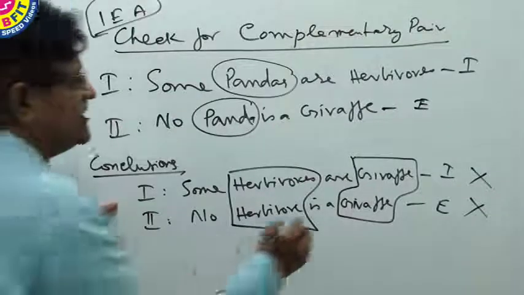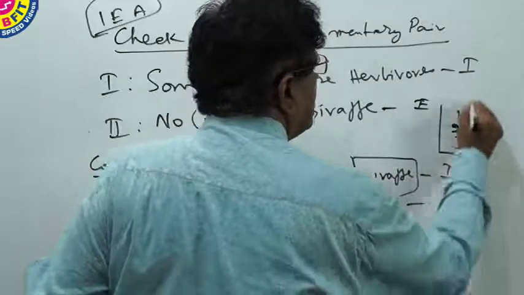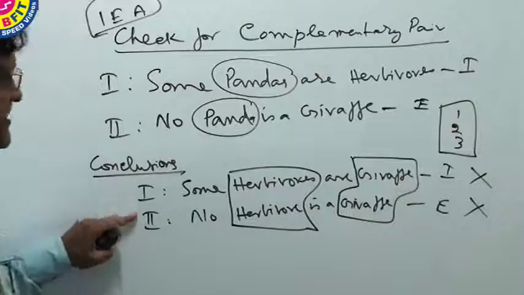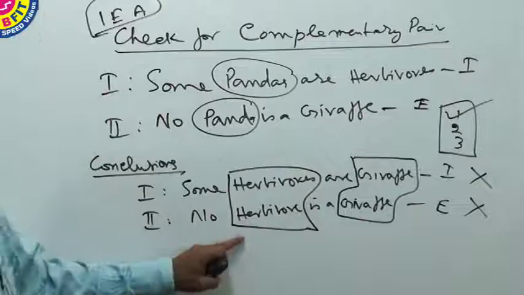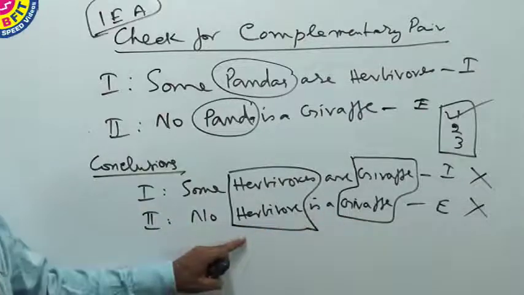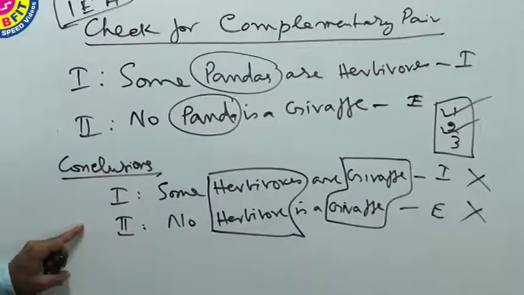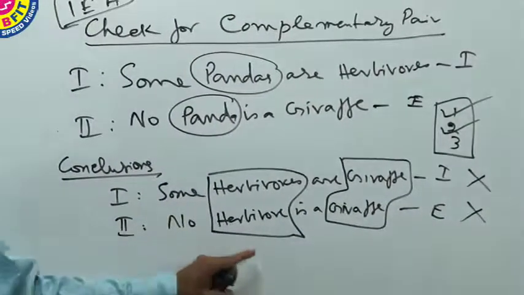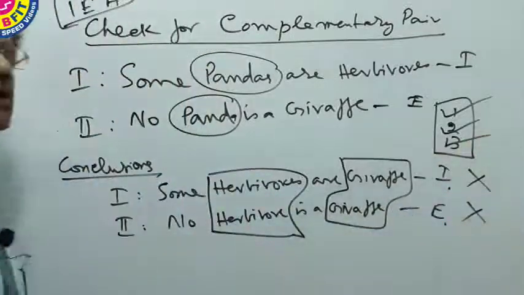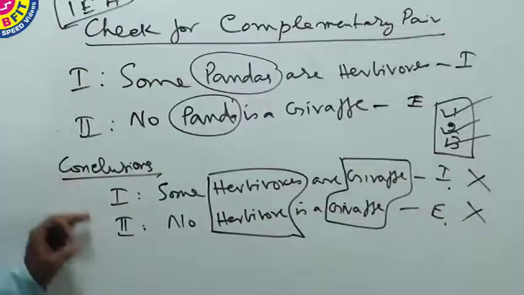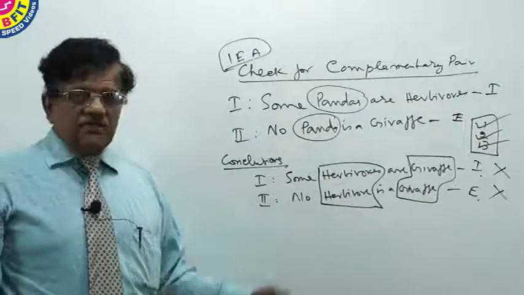We have seen that the three conditions must be satisfied for being a complementary pair. First condition, both conclusions must be false, satisfied. Second condition, the subject and predicate of the conclusions must be the same, satisfied. Third, the conclusions must belong to AO, IO or IE type. Here it is IE type, satisfied. If all three conditions are satisfied, it is wrong to say both the conclusions are false.